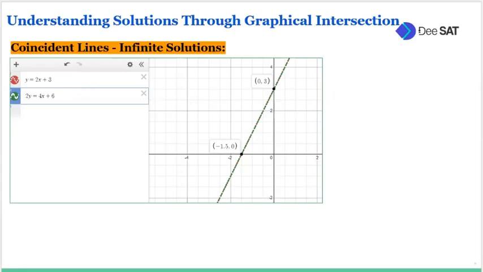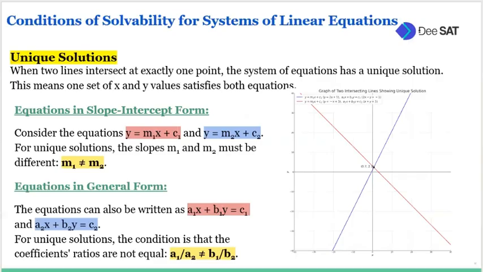Okay, moving ahead, regarding all of these considerations, I'd like to give you a clearer view with respect to the slope-intercept form and the general form, and how you can identify them by just looking at the equations. Let's understand that. For the slope-intercept form, y is equal to m1x plus c1 and y is equal to m2x plus c2. That means what I'm changing here is m1, c1 for line 1, which is the red line, and m2, c2, which is the blue line.